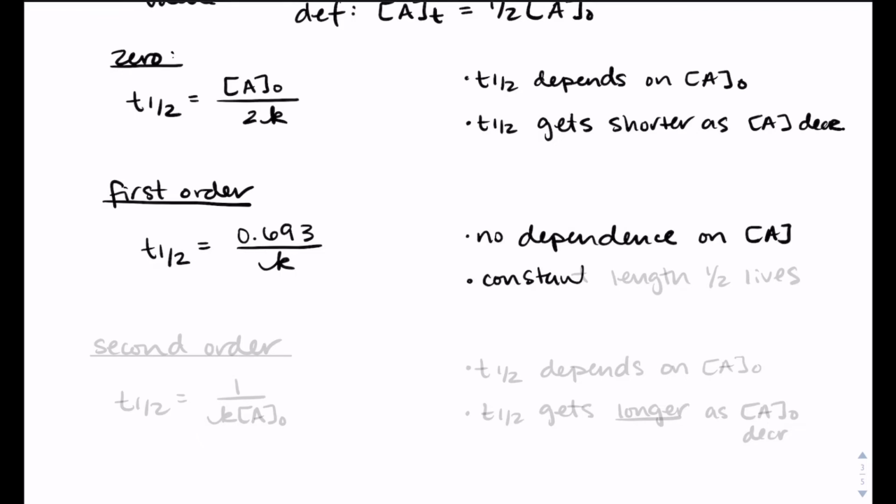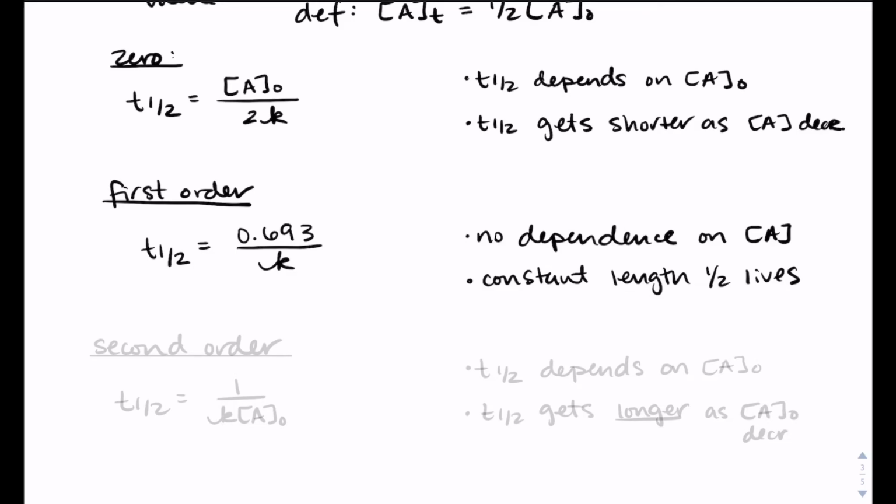For a first order reaction, the half-life is 0.693 divided by the rate constant. So this seems weird, but just remember we're talking about half-lives and not rates. So first order, there is a dependence on concentration, but for the half-life, there's no dependence on concentration. This gives us constant length half-lives.